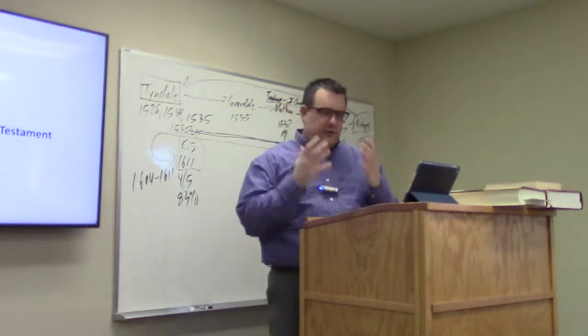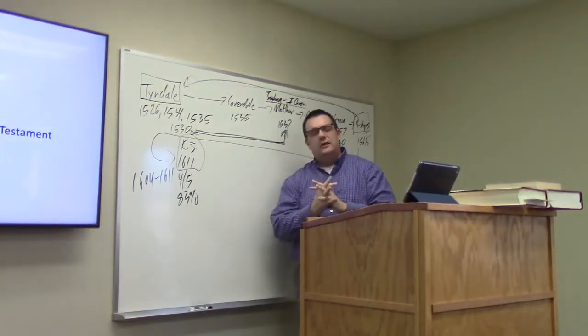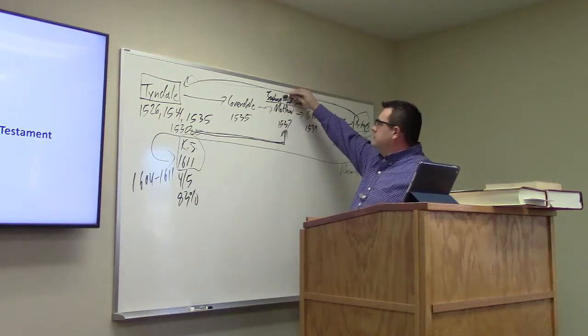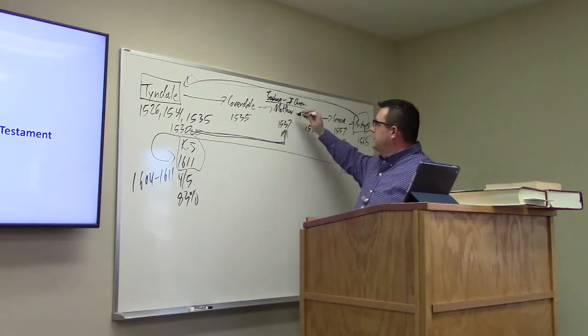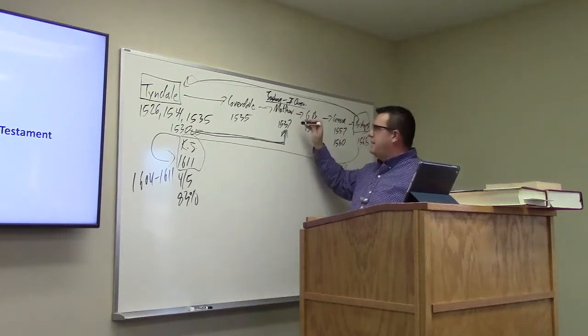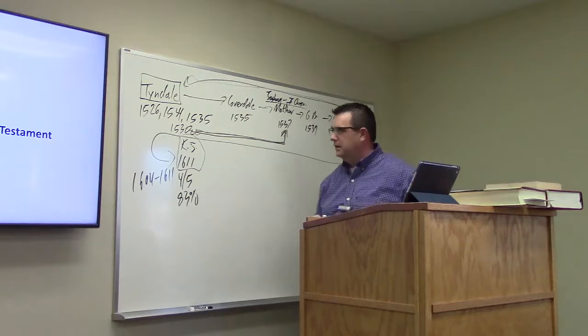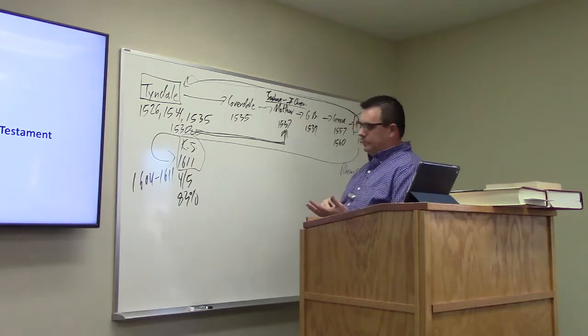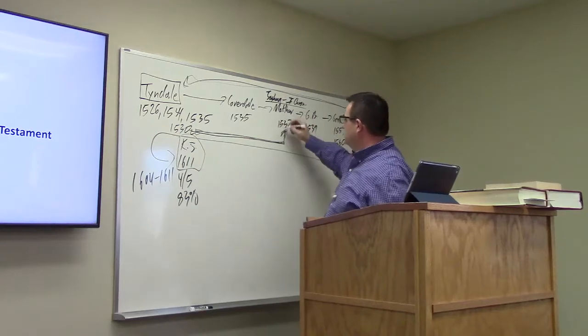So there's 4 or 5 different lines of reasoning to suggest that Tyndale also translates Joshua through 2nd Chronicles, that his friend John Rogers uses his translations in the Matthew's Bible from 1537. And so then that would mean that the Matthew's Bible would be Tyndale. Let's just sort of drop this down.